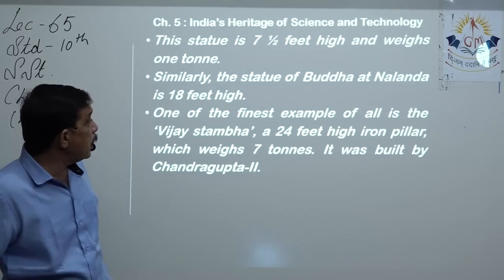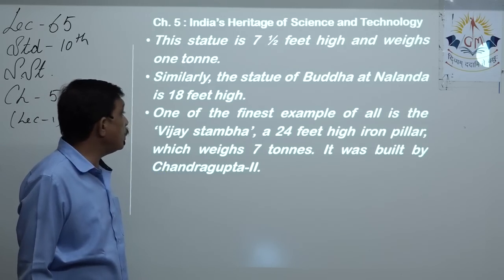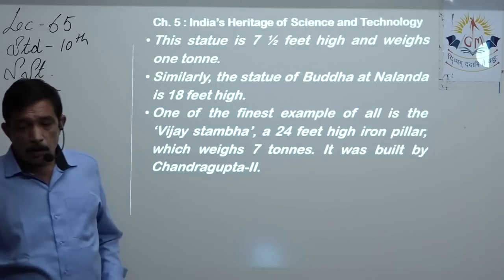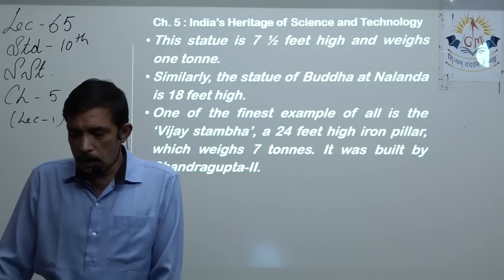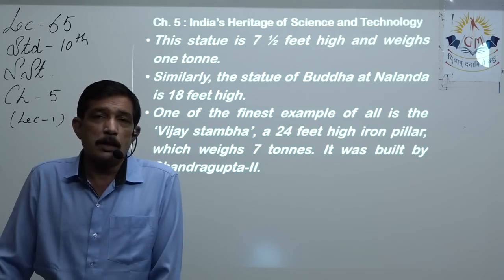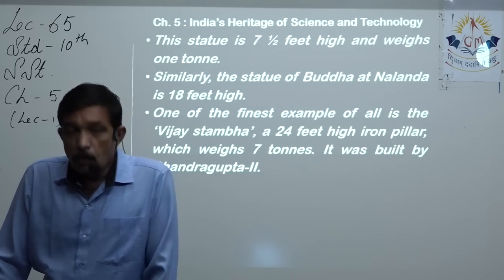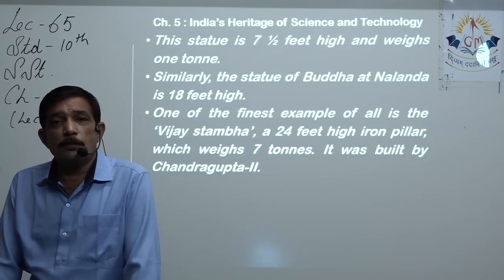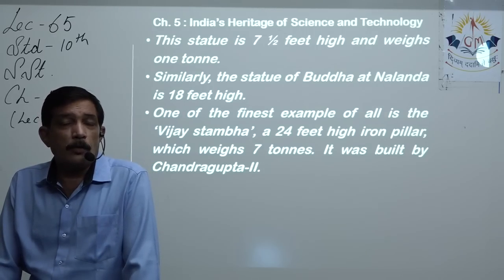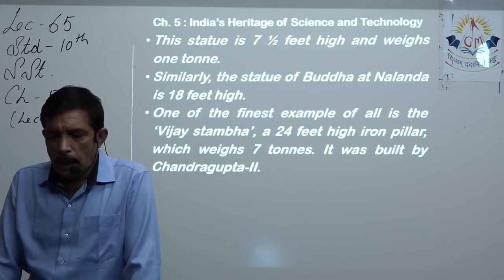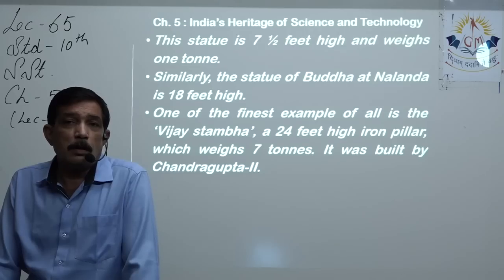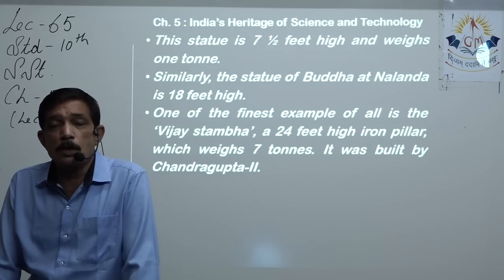One of the finest examples of all is the Vijayastham, a 24 feet high iron pillar which weighs 7 tons. It was made by Chandragupta II. Vijayastham is a very popular and famous iron pillar, 24 feet tall and weighing 7 tons, that is 7,000 kg.